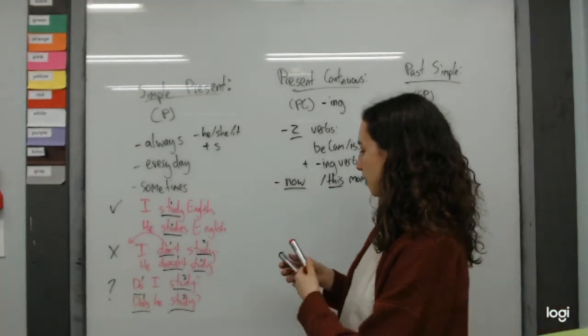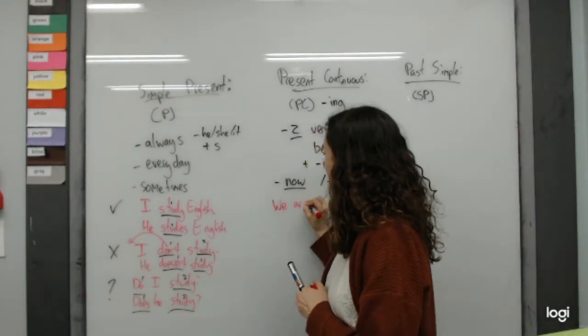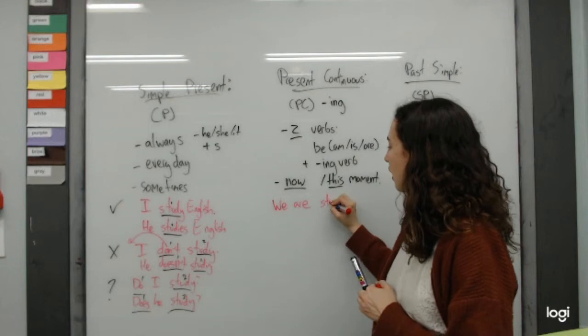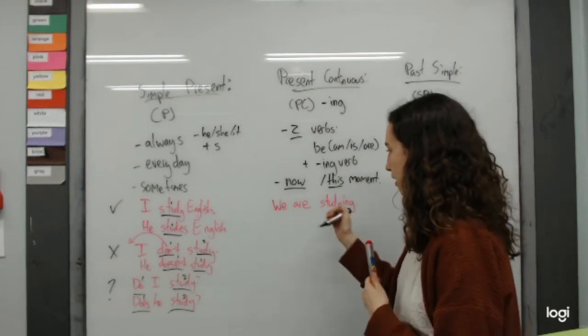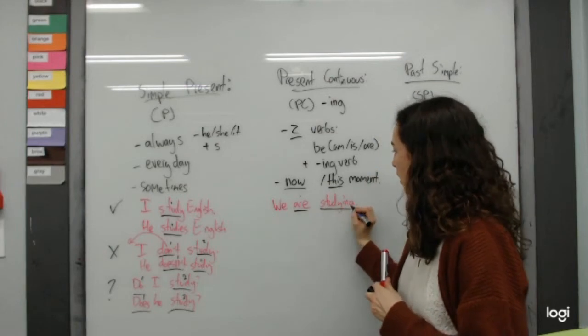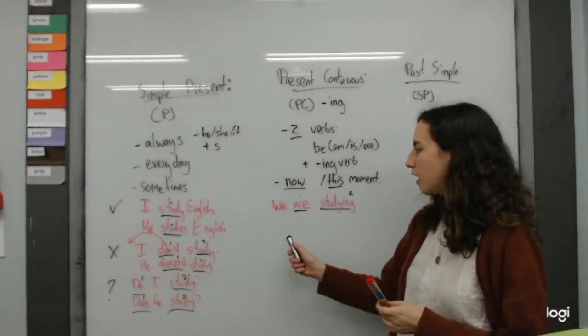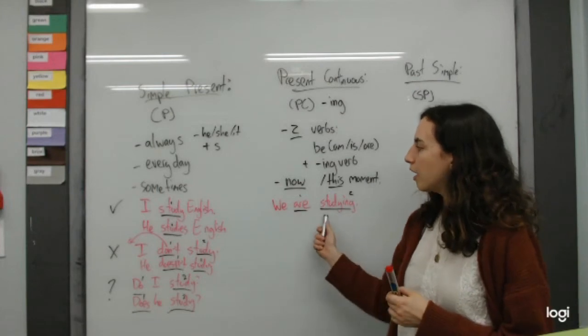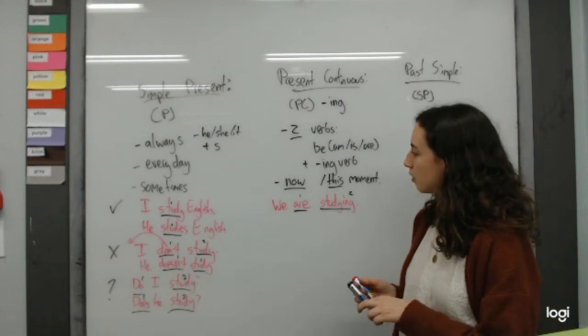So some examples. For a yes sentence, we can say, we are studying. Again, with this one, we need 2 verbs, okay? We are studying. I am studying. She is studying, okay? We need 2 verbs.